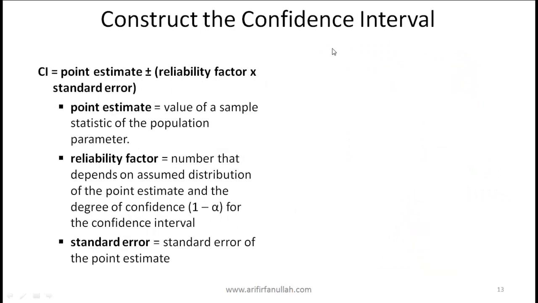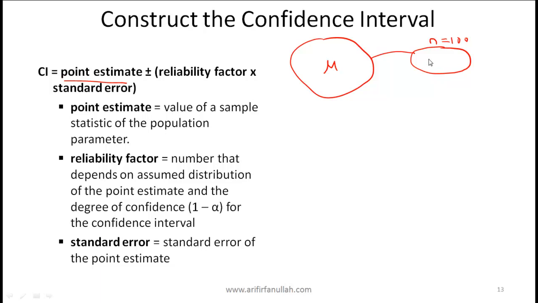Now, how do we construct the confidence interval? Basically, the confidence interval is a point estimate plus or minus a reliability factor times a standard error. The simple way of looking at it is, continuing with our example from before, if you are trying to gauge the mean for your population, and to do that you pull one sample, and in that sample say n is 100, and your x bar in that sample turns out to be 15.